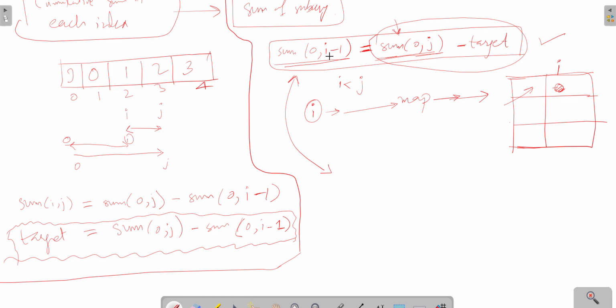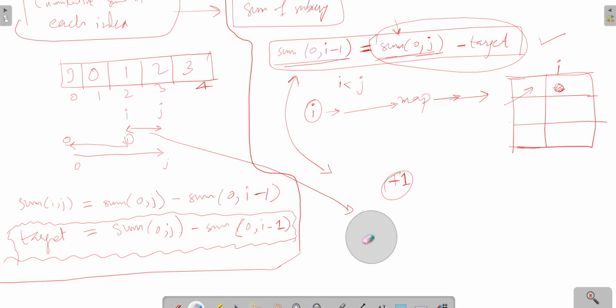So that means once we get the I minus 1, we'll have to increment that by 1. Why? Because we are not looking for I minus 1, remember? We were looking for I to j.